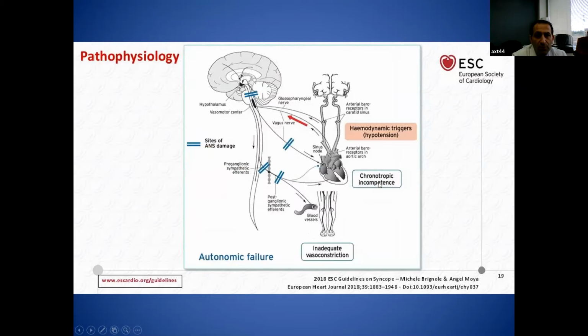Or you can have pure autonomic dysfunction, like we see in Parkinson's disease, and those patients tend to have chronotropic incompetence, the inability to bring up their heart rate, or they have inadequate vasoconstriction that leads to a higher incidence of syncope. They cannot react as fast to these hemodynamic changes as a normal physiologic person.